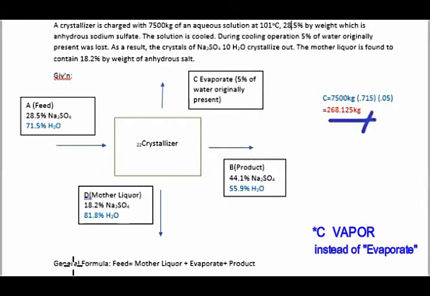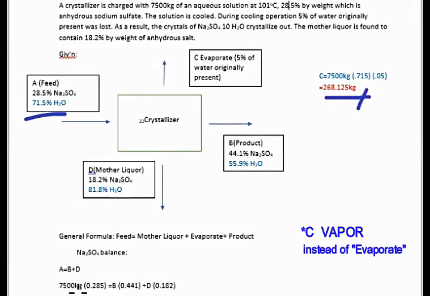So the general formula for crystallization is actually feed is equal to mother liquor plus evaporate plus product. What actually happens here is that what goes inside the feed must go out on all these areas. So for us to be able to easily account for all these, I will just use variables A, B, C, and D. Let us first solve for the solute balance, or the sodium sulfate balance.